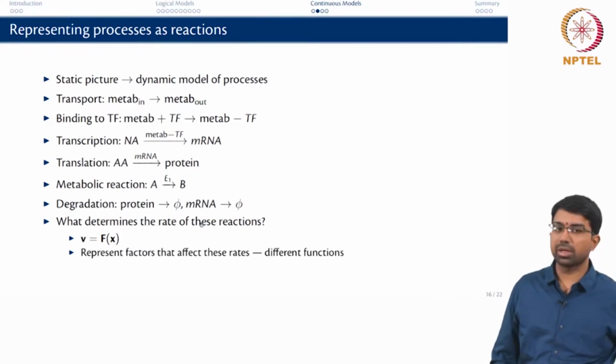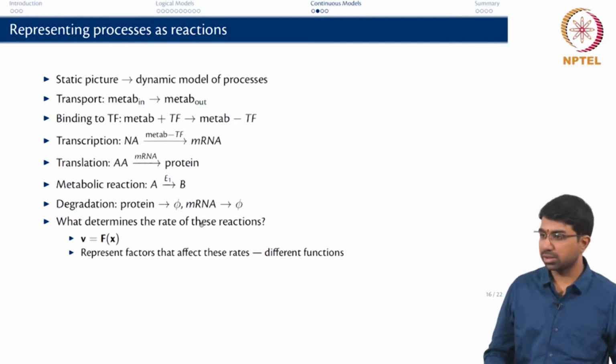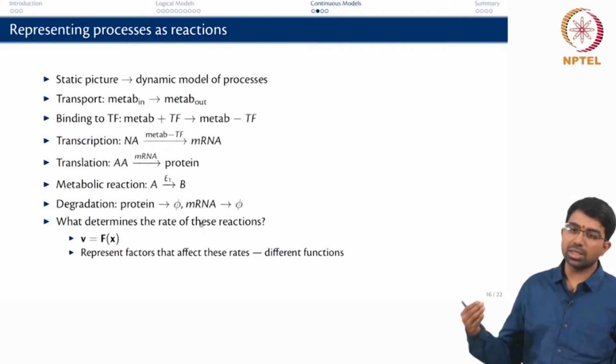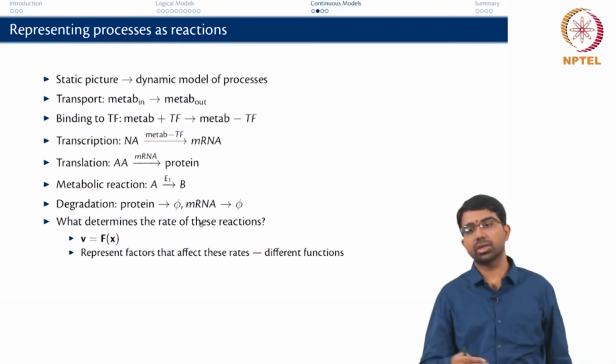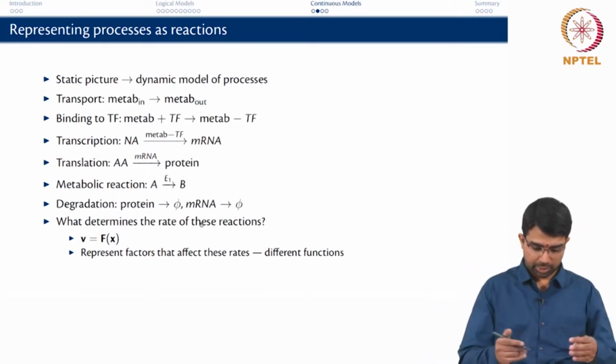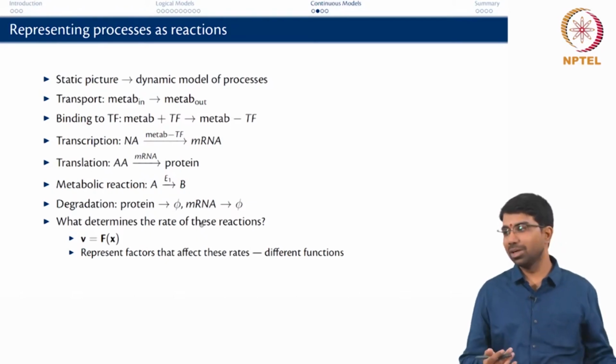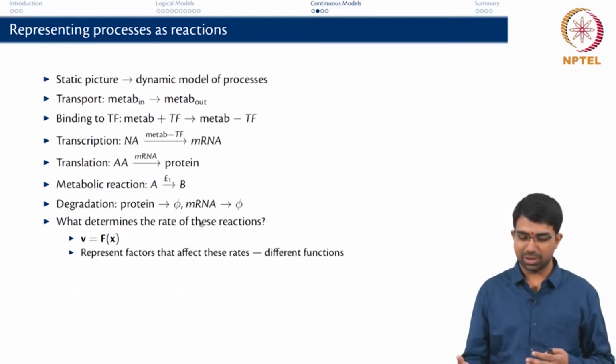So, you need to represent all the factors, they might be allosteric inhibitors, allosteric activators, other effector molecules, ions, sensitivity to pH, whatever, all these things have to be incorporated into your dynamic model one way or the other. So, this very same system can be modeled using Boolean models if you want, they can be modeled using continuous models.